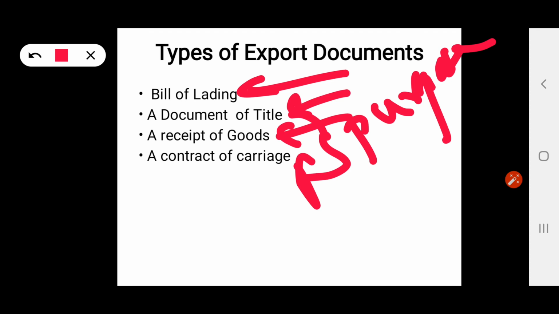All the contractual terms between the shipper, the person who is transporting this merchandise, and the carrier are included. The carrier is the one actually transporting the merchandise, and the shipper is the one exporting, that means trying to deliver the products. Between these two parties, all the terms and conditions of the contract can be mentioned in this contract of carriage, which is a part of the bill of lading.